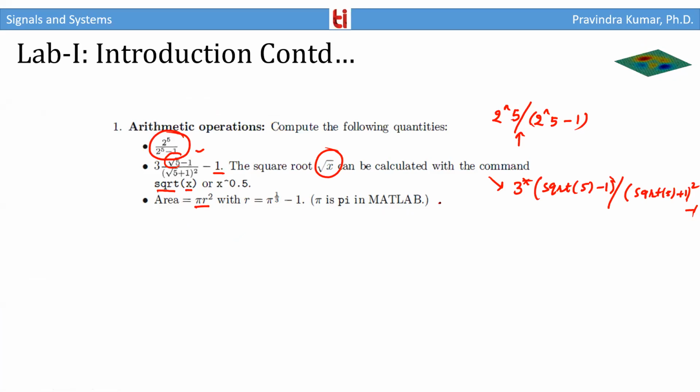In MATLAB, pi is written as pi, into r square. R is pi to the power 1 by 3 minus 1, r square, this thing. So you can easily write this thing.